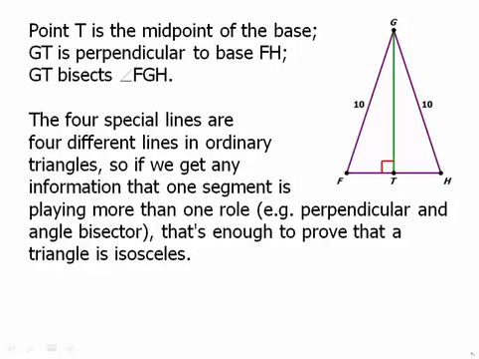Now, in general, those four special lines are four different lines in ordinary triangles, so if we get any information that one segment is playing more than one role, for example that the perpendicular and angle bisectors are the same thing, that's enough to prove that the triangle is isosceles. So anytime any two of those roles are played by the same line, that's an indication the triangle must be isosceles, because in general, those four roles are four completely different lines in most triangles.